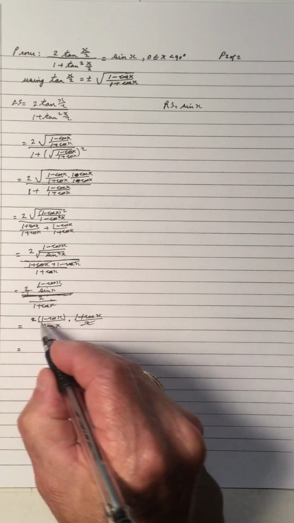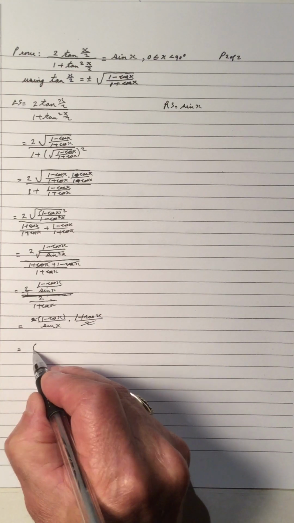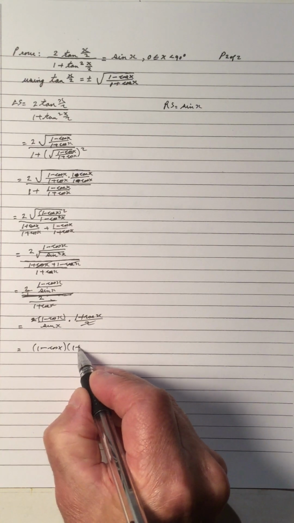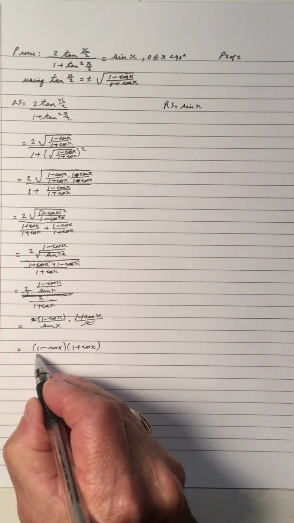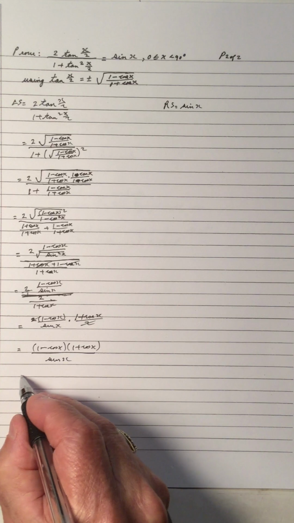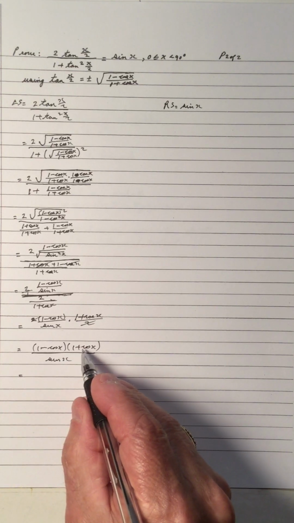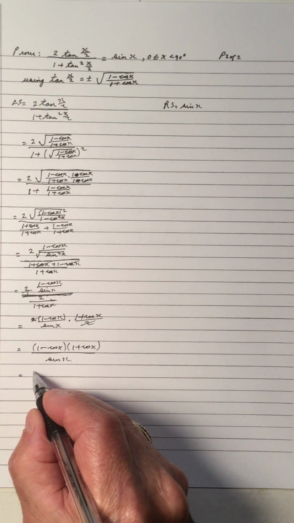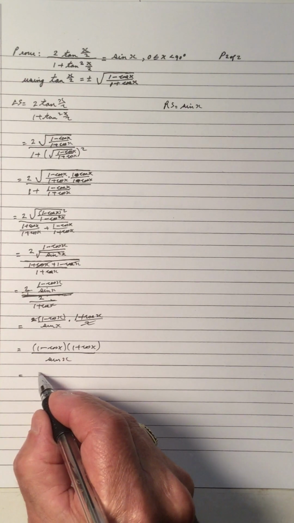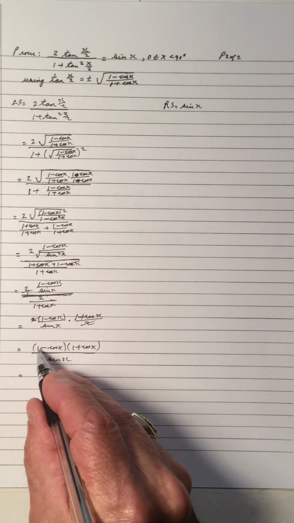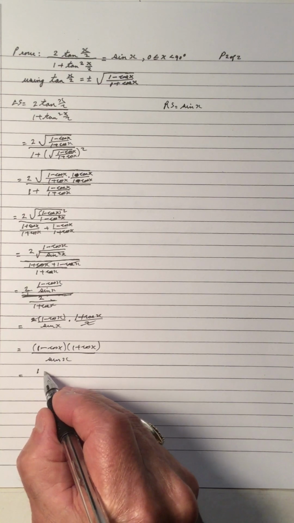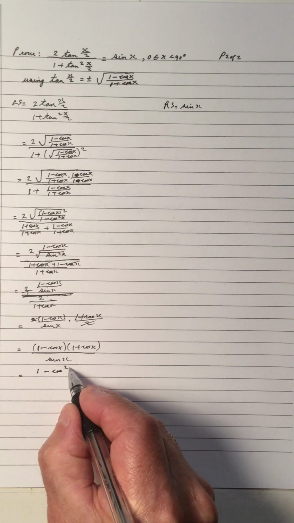And what do we have? The 2's cancel out, and we have 1 minus cos x times 1 plus cos x all over sine x. Again, that's a plus b times a minus b, so it gives you a squared minus b squared. You take the 1 multiplied by the 1, and you take minus cos squared x.